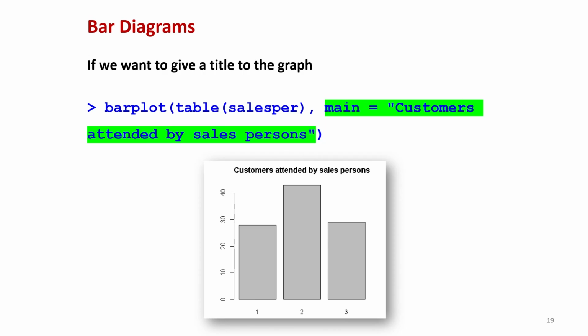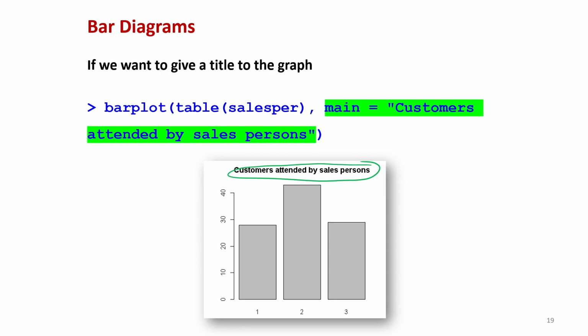Right. Now suppose I want to give this graph more information. Gradually I will add different types of options to show you how you can control different parameters of this graph. So suppose I want to give a heading like this, customers attended by salespersons.